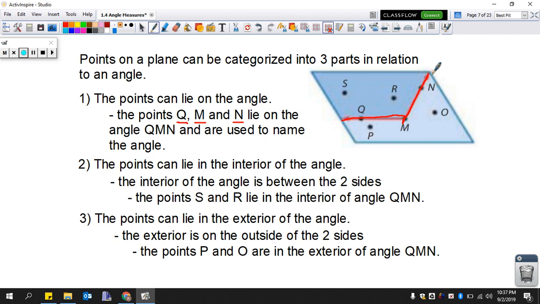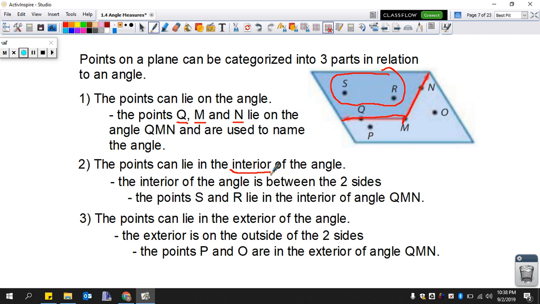If we're talking about the points that are between the two sides, that would be points S and R. Those are on the interior of the angle.